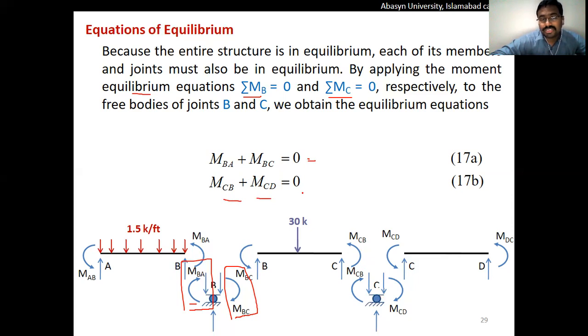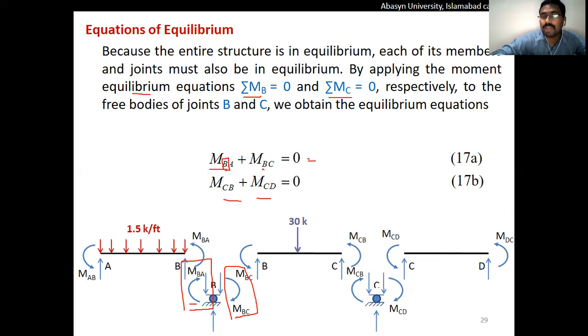The interesting point while writing the equation of equilibrium is, if you are writing it at point B, we will always have a moment MBA. That is, the first subscript will be the point where the equation of equilibrium is being formulated. If we are writing the equation for point B, it will be MBA plus MBC.